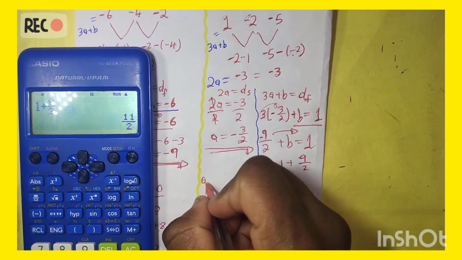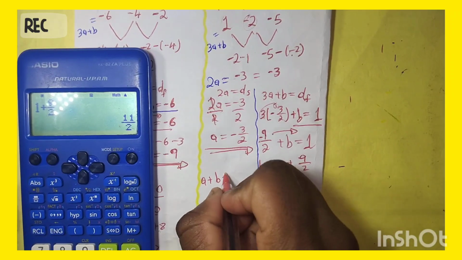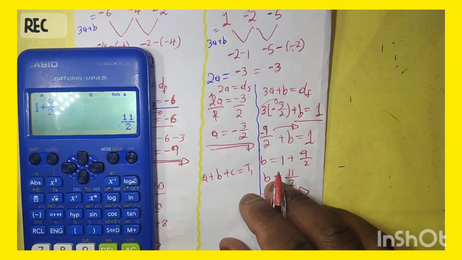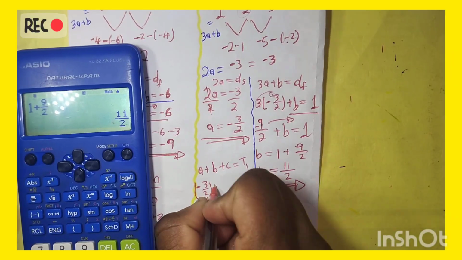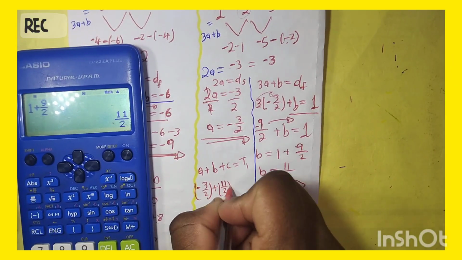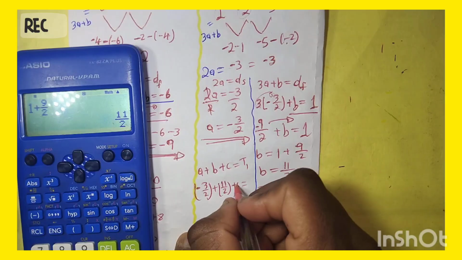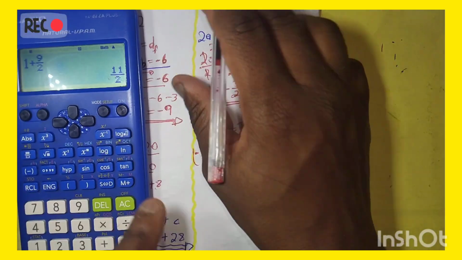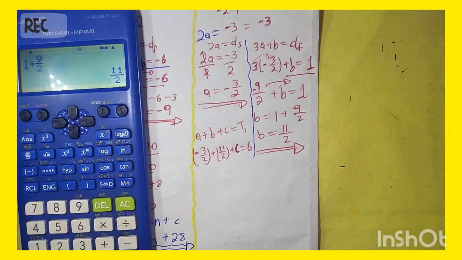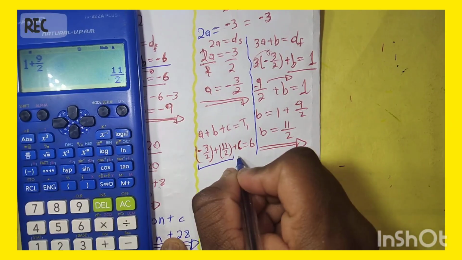Solving for C, it's this term, which is plus C, which is the first term. Now let's substitute, guys, for this thing. It's 3/2 plus 11/2 plus C, which is now our first term. Our first term, according to the sequence, is 6. That is 6, guys. And now let me simplify these two things and drop those.